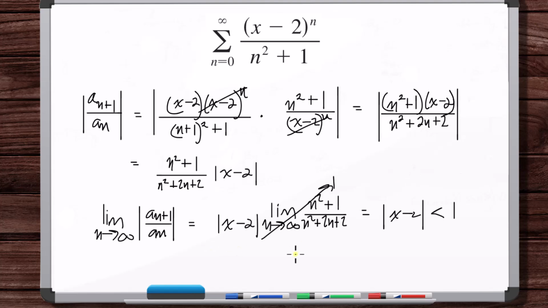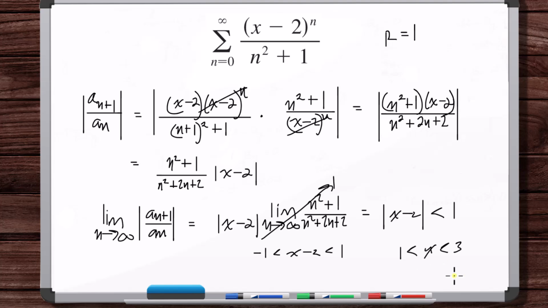So we've got that expression is less than 1 and greater than minus 1. But now we're not done. We need to add 2 to every single part of this. So minus 1 plus 2 is 1, and 1 plus 2 is 3. This is centered about 2, and we go plus 1 or minus 1, so the radius is 1. On both sides of 2 you've got a unit of 1. 2 plus 1 is 3, 2 minus 1 is 1.